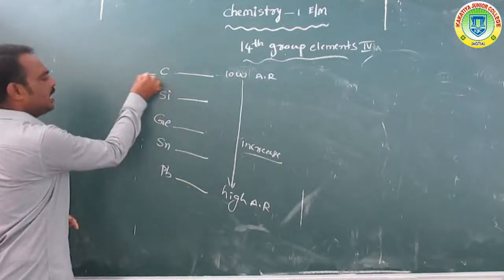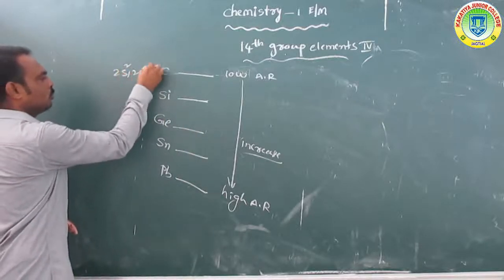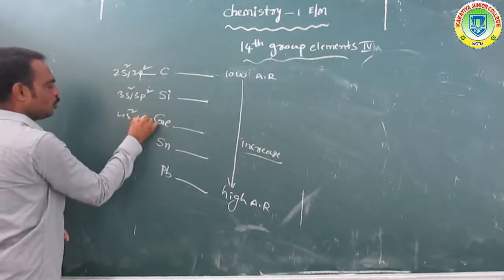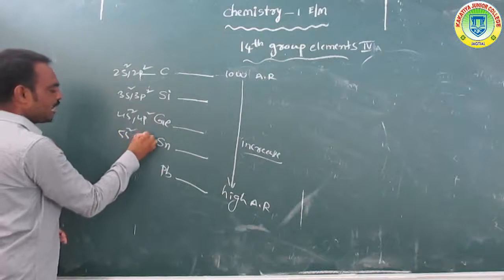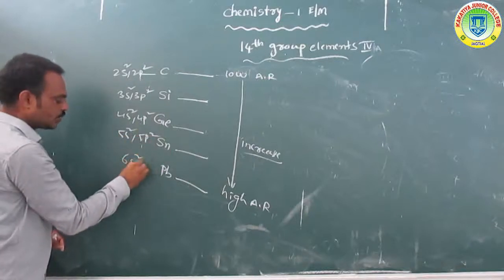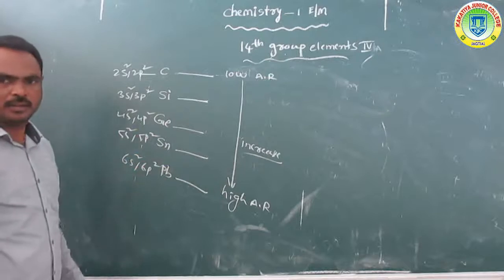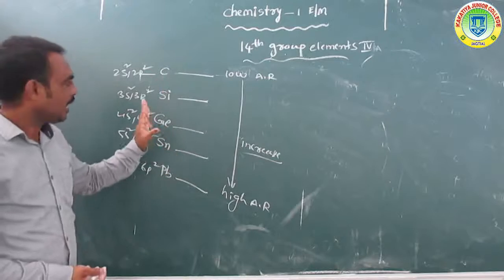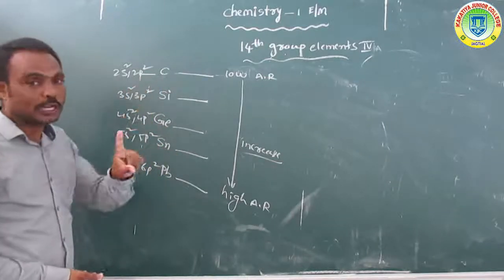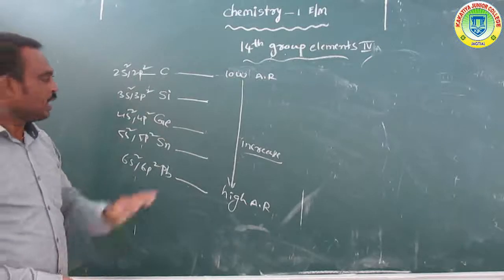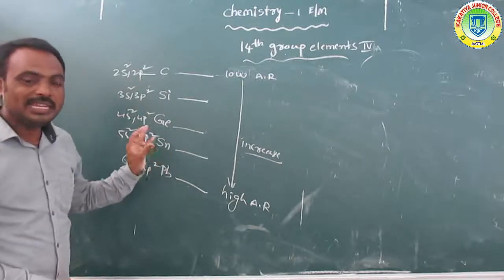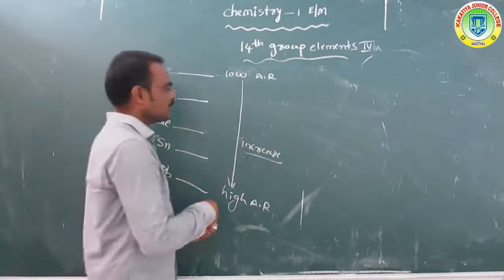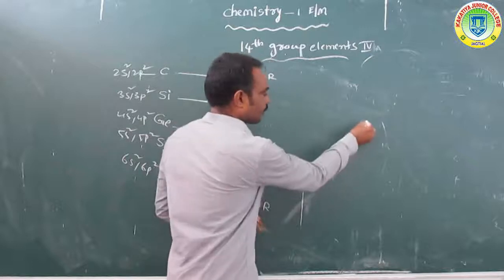Suppose for example the outer shells are 2s2 2p2, then 3s2 3p2, 4s2 4p2, 5s2 5p2, 6s2 6p2. Each element's electron enters a new shell. That time the distance between the center and the outer shell increases.